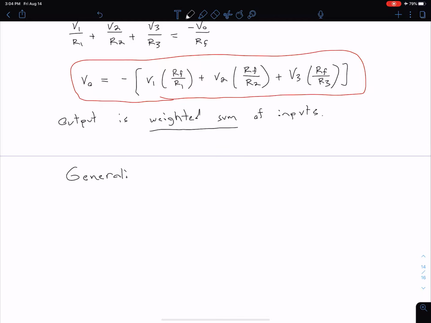So let's say we want to generalize the equation above. And so what that's going to look like is we would say V out is equal to negative the sum from i equals 1 to n, so we're talking about n inputs, of Vi times Rf divided by Ri.